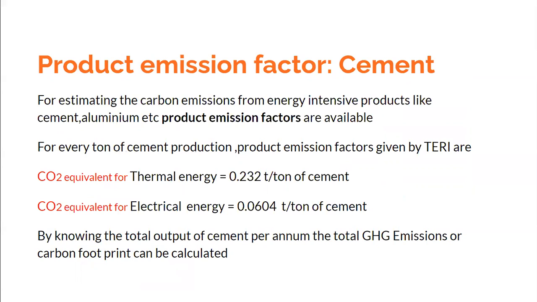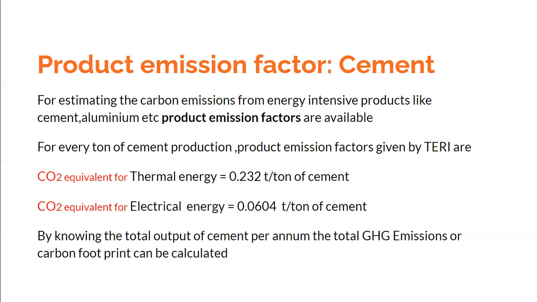Now, this important term you need to understand: if you are talking about products like cement, aluminum, paper, which are more energy intensive products, then generally you would have something called product emission factors. These product emission factors are arrived at by doing a very detailed energy audit by professional agencies.